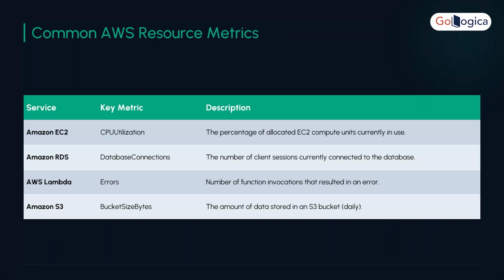Common AWS resource metrics. For example, the service Amazon EC2. Key metrics: we have CPU utilization. It tells us the percentage of allocated EC2 compute units currently in use. Compute is basically the CPU utilization.